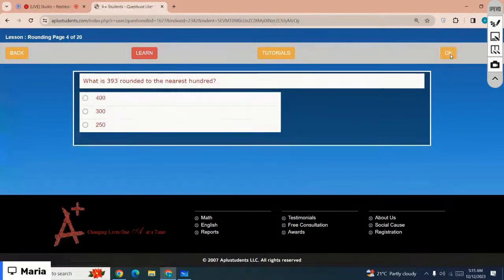What is 393 rounded to the nearest 100? Which is the correct option?